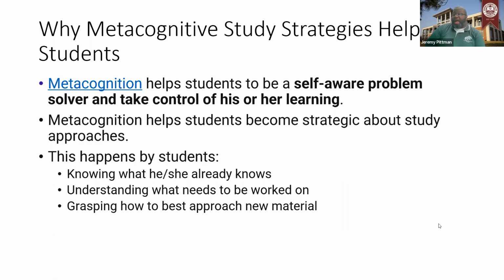I like to tell my students, you can be strategic about how you study, because in a lot of your college classes, many times you may have 2 or 3 exams, right? That might mean there is a large amount of material that a student might have to be familiar with in order to take their exam. So by using these metacognitive strategies, I like to think of the acronym KUG, K-U-G.